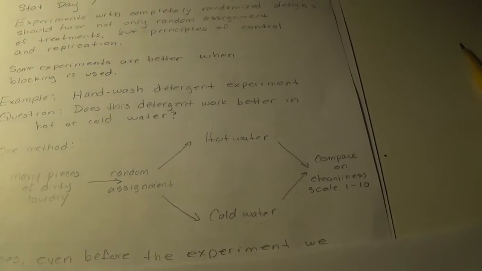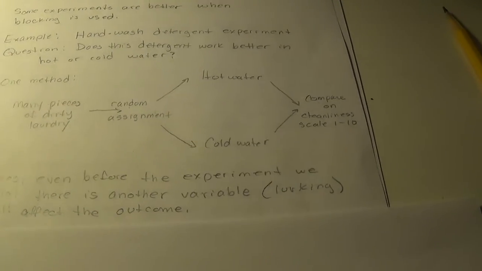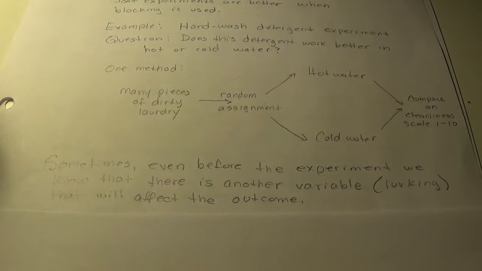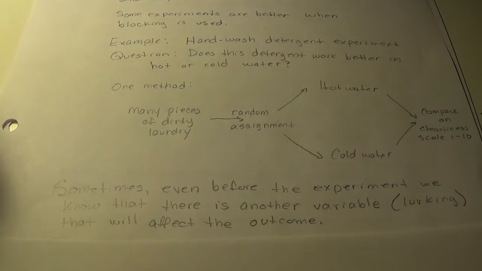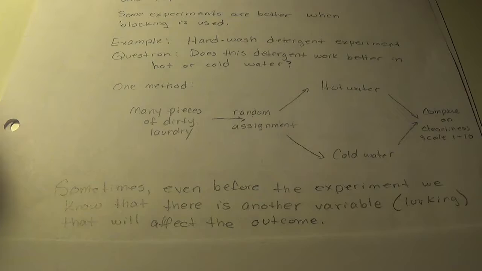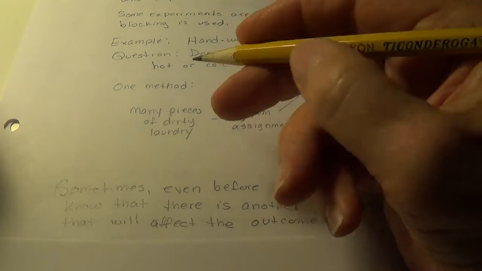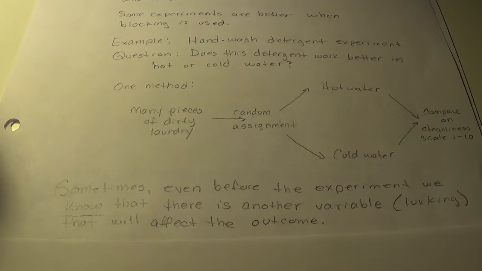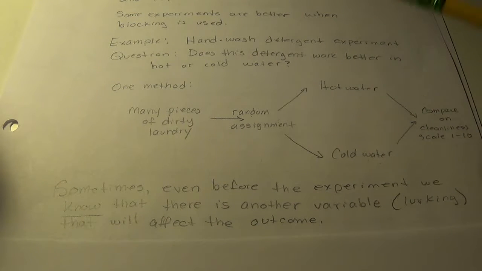However, in many cases, sometimes even before the experiment is conducted, we know just from life experience that there is another variable, a lurking variable, that will affect the outcome. Does anyone know what it might be?